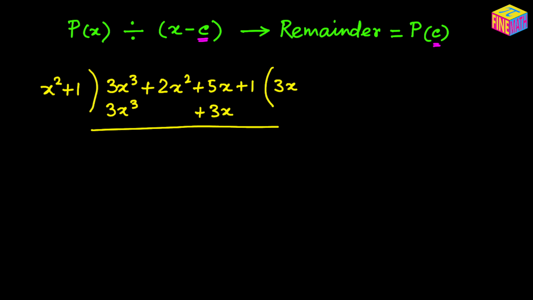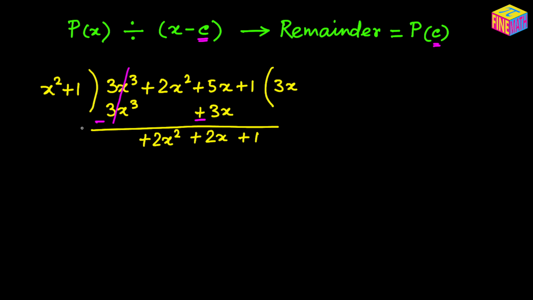And then we need to change the sign, so it becomes negative, and this is going to cancel out, and then here we are going to be left with positive 2x plus 1. And also we have the 2x squared here, so we have the 2x squared, then positive 2x, and then plus 1.